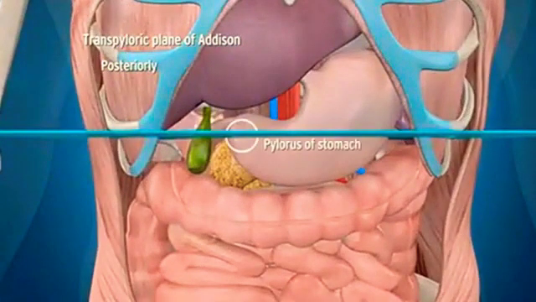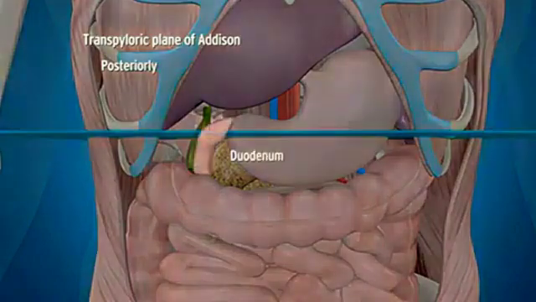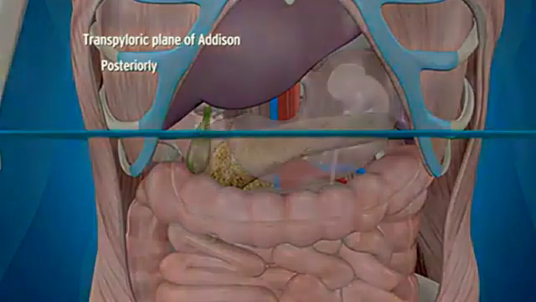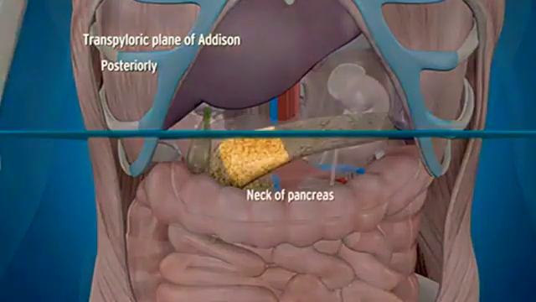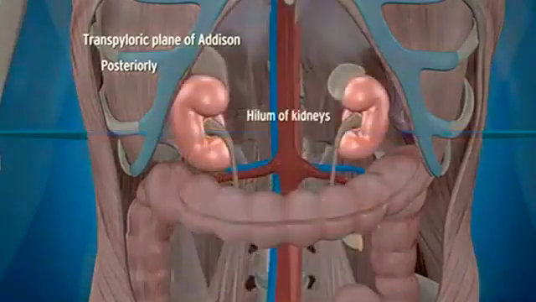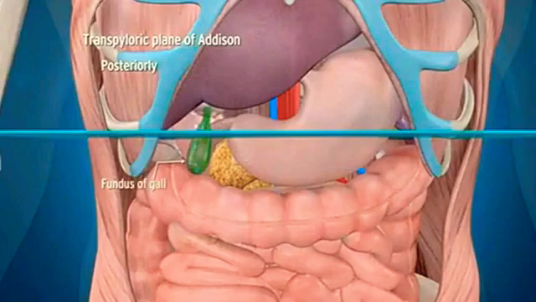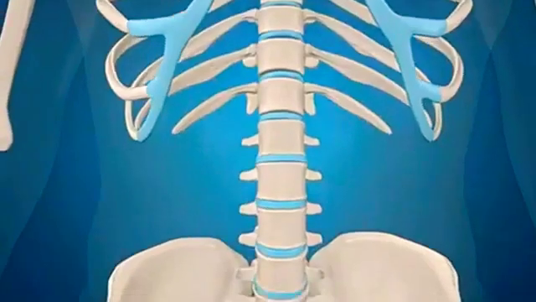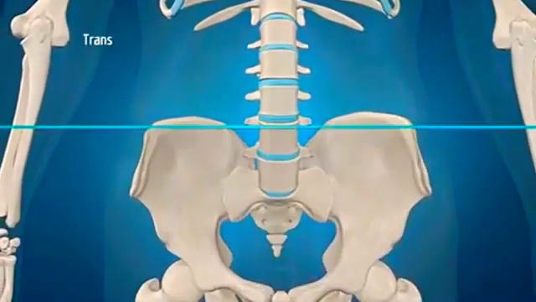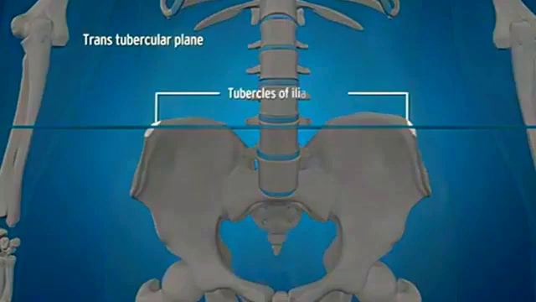Pylorus of stomach, duodenum, neck of pancreas, and hilum of kidneys. Fundus of gallbladder lies at this level. Transtubercular plane passes through the tubercles of iliac crest.